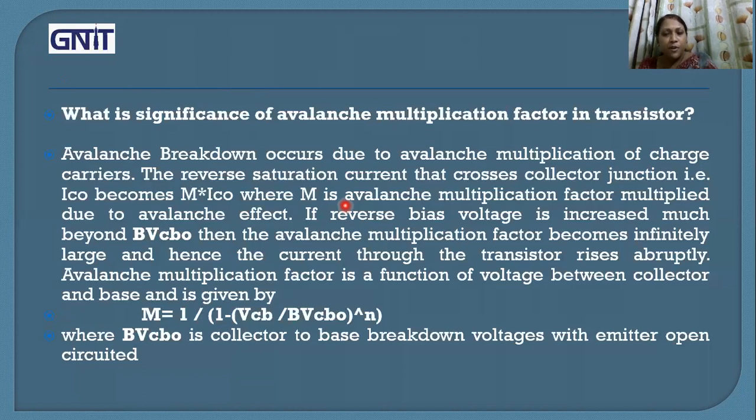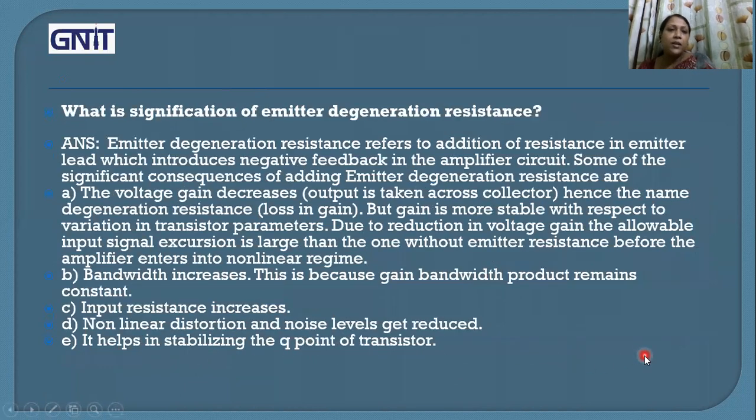If the reverse bias voltage is increased much beyond BVCBO, then the avalanche multiplication factor becomes infinitely large, and hence the current through the transistor rises abruptly. So what is the avalanche multiplication factor? That is M equals 1 by (1 minus (VCB by BVCBO) to the power n). So BVCBO is the collector to base breakdown voltage with emitter open circuit.